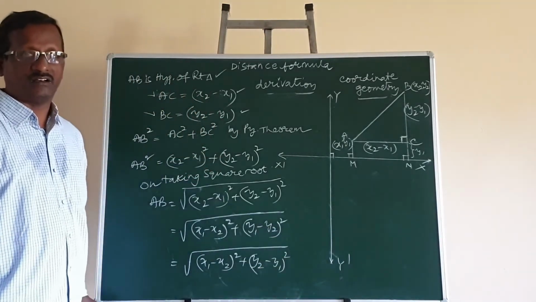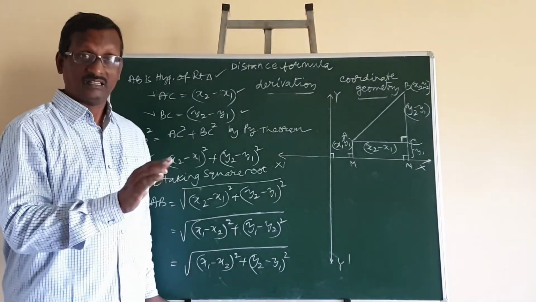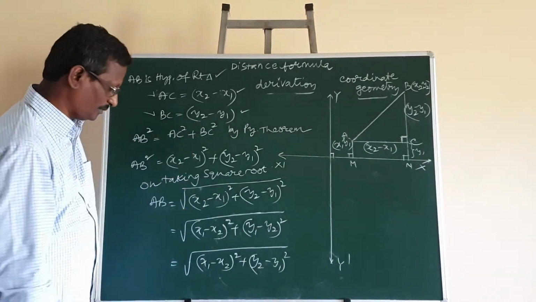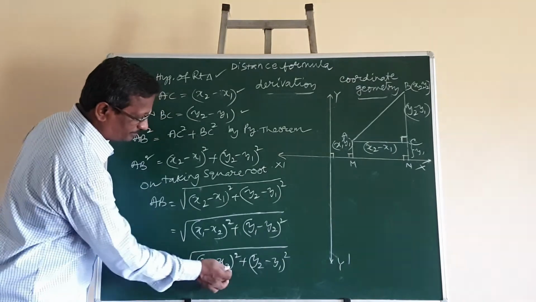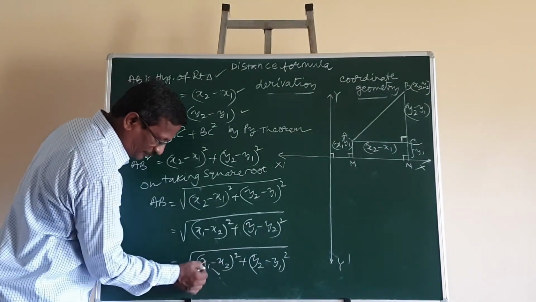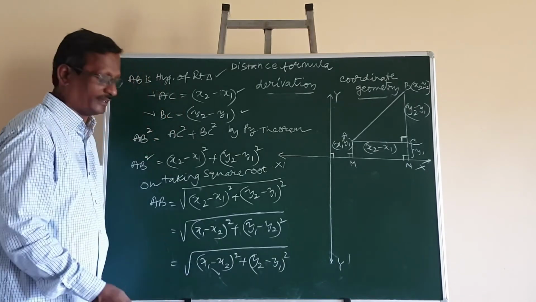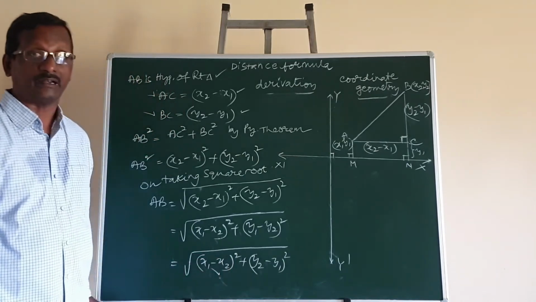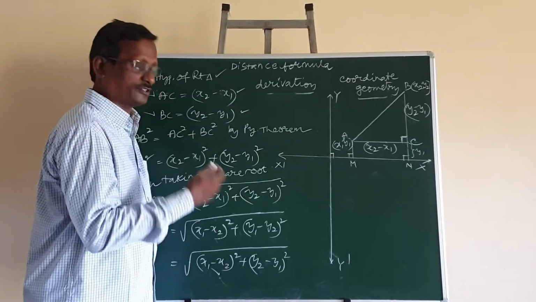Normally the distance is always positive. Distance square is also positive. This is inside the square root; before squaring it may be positive or negative. After squaring, x2 minus x1 whole square or x1 minus x2 whole square is always positive or 0.